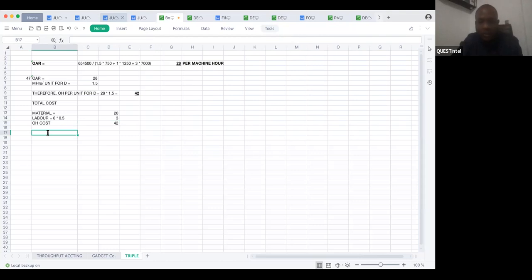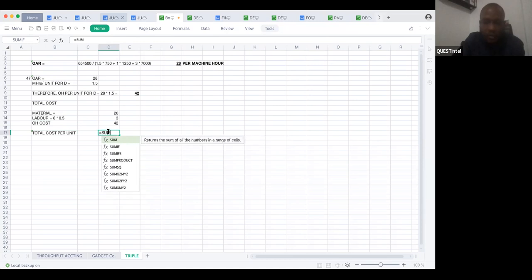So the total cost per unit now, which is what they asked us for, will now be the sum of the three of them. So $65 per unit.